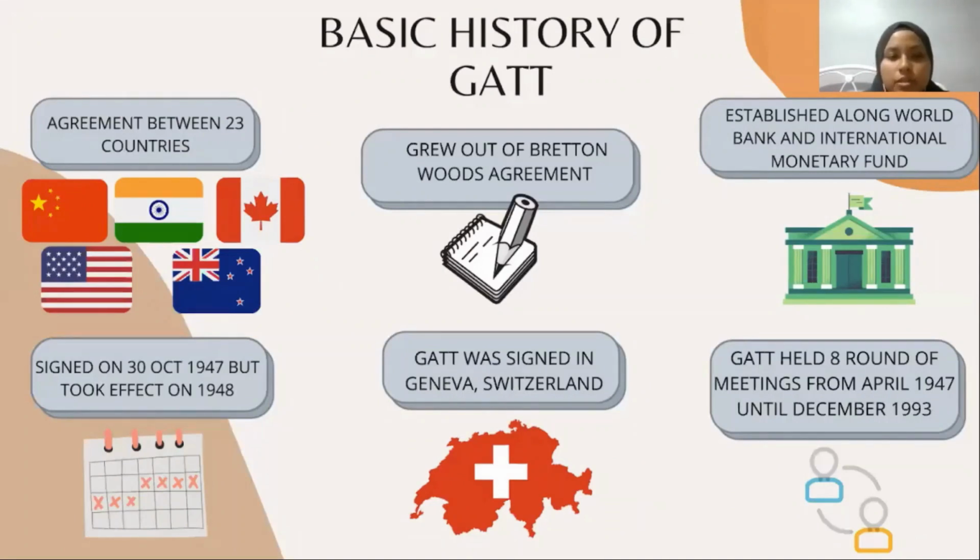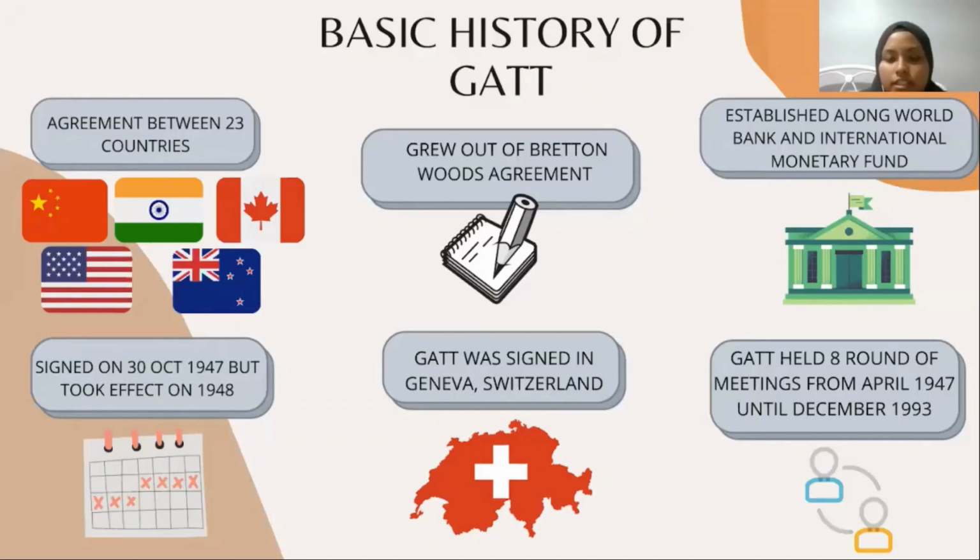Next, the basic history of GATT. GATT was an agreement between 23 countries. China, India, Canada, the USA, and New Zealand were among those who signed GATT. It was signed on 30 October 1947 but took effect in 1948, and it grew out of the Bretton Woods Agreement, established along with the World Bank and International Monetary Fund.